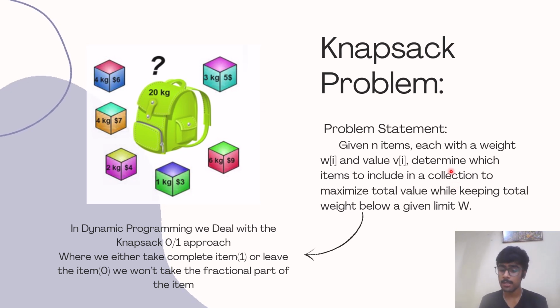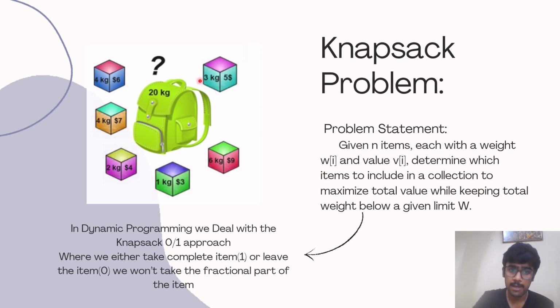Now let's understand the types of knapsack problem. We mainly have two types of knapsack problems. One is the 0-1 knapsack problem, another one is the fractional knapsack problem. The 0-1 knapsack problem is one in which either I take a complete item into the bag, or I won't take that item at all.